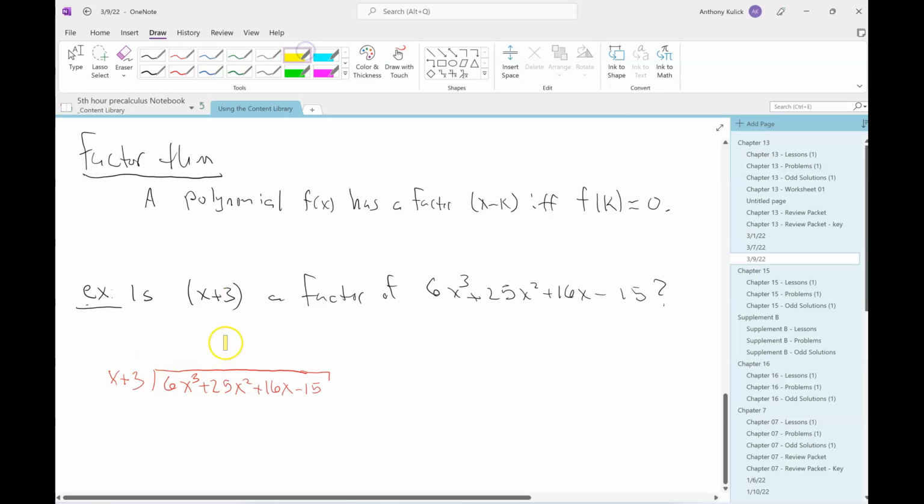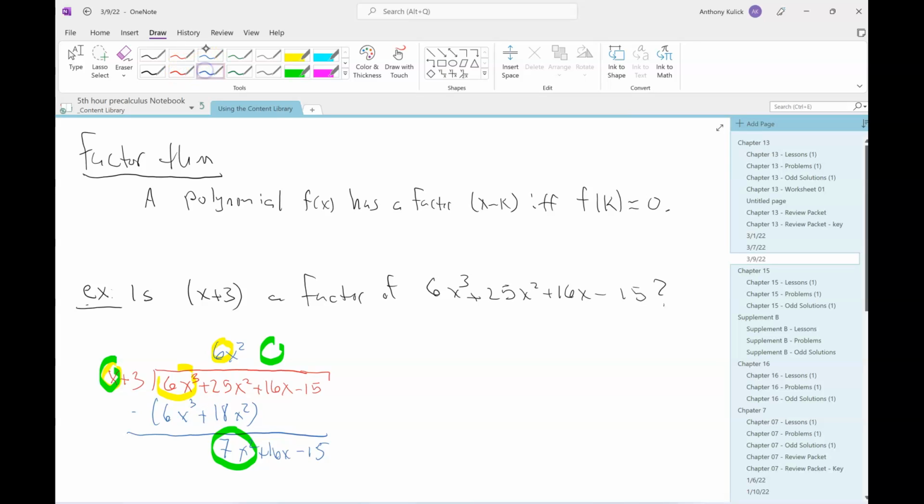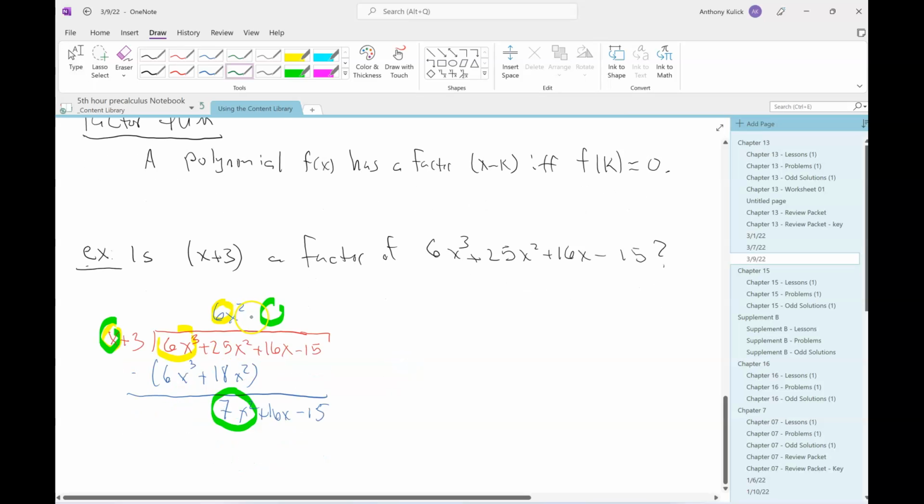So I ask myself, what times x gives me 6x cubed? That would be 6x squared. I multiply that to both places and then subtract down. Gives me 7x squared, and then I bring the rest of it down. Then I ask myself, what times x gives me 7x squared? Well, the answer there would be 7x.